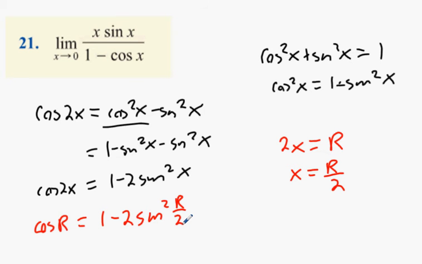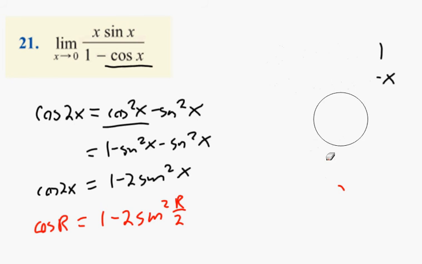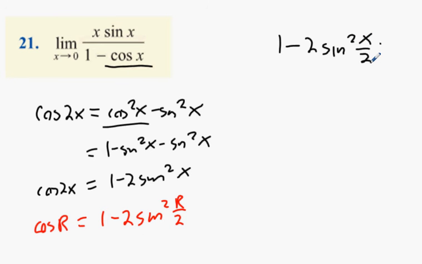Now, we're going to use that trick for cos x. Instead of using cos x, what can we use instead? Use the cos R trick: 1 minus 2 sin squared x over 2. Alright? Now what's minus cos x then? Turn that to minus and turn that to plus.